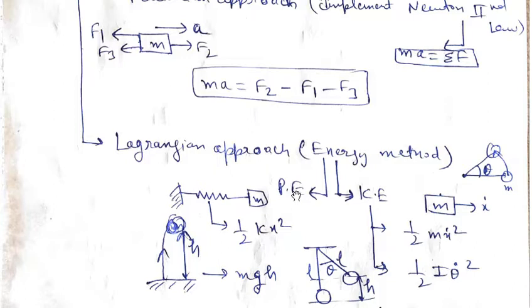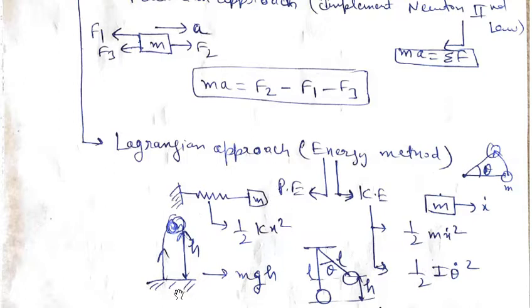In a spring mass damper system, the spring stores the potential energy, that is half kx square, whereas the mass stores the kinetic energy because of its motion, its velocity, that is half m x dot square. x means displacement, x dot represents the velocity, and x double dot represents the acceleration.